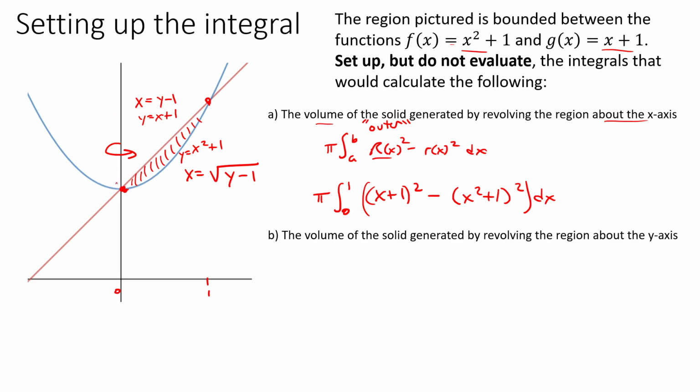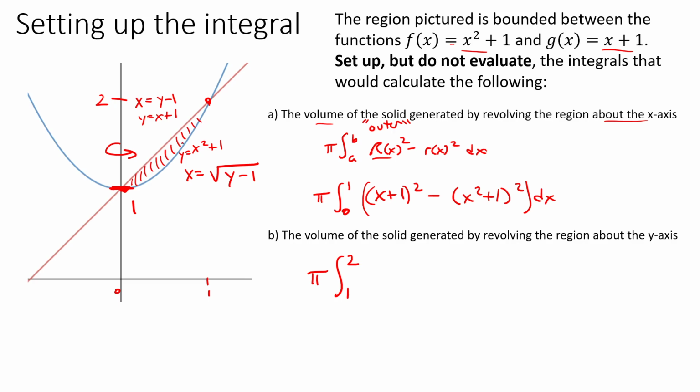We need to think about our bounds. This is 1 right here, and this is 2 right here. Again, you either plug in to figure it out or use your calculator or whatever you would do. So we're going to integrate from 1 to 2. Now, careful, the outer radius and the inner radius are going to switch this time.